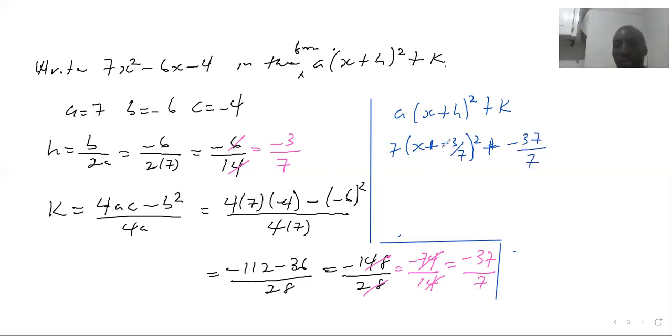Now remember, a plus and a negative will give me a negative. So I'm going to get 7, open bracket, x minus 3 over 7, squared, minus 37 over 7, and this is my final answer.